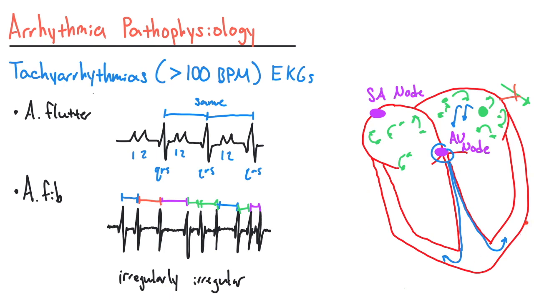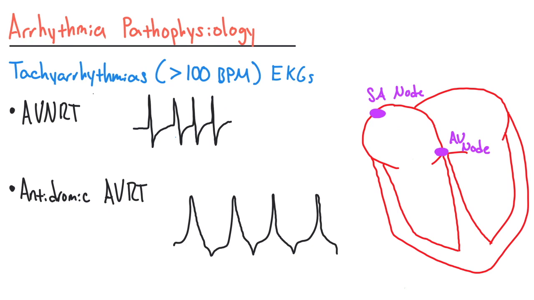So the ventricles, while the depolarization may be fast, will still be through the normal conduction system, thus giving us a narrow QRS complex. If you remember any of the EKGs, please remember these two and the difference between the two of them, as you will see them in clinical practice.